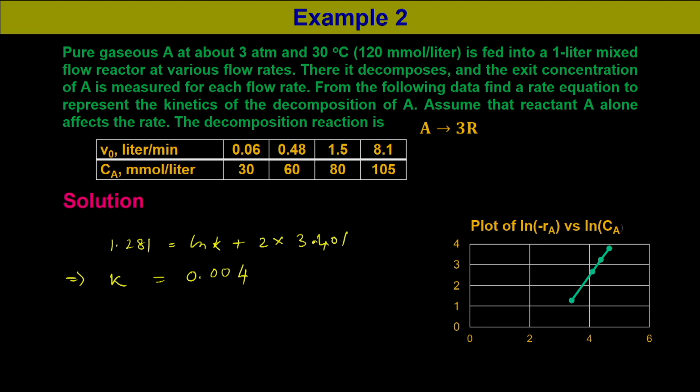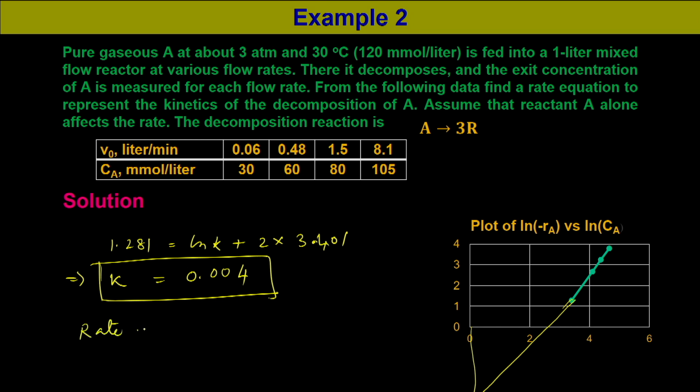So, once we calculate k, or the same thing we can calculate by extrapolating this and getting the intercept, the rate equation should be minus r_A equal to 0.004 C_A squared, in millimole per liter minute.